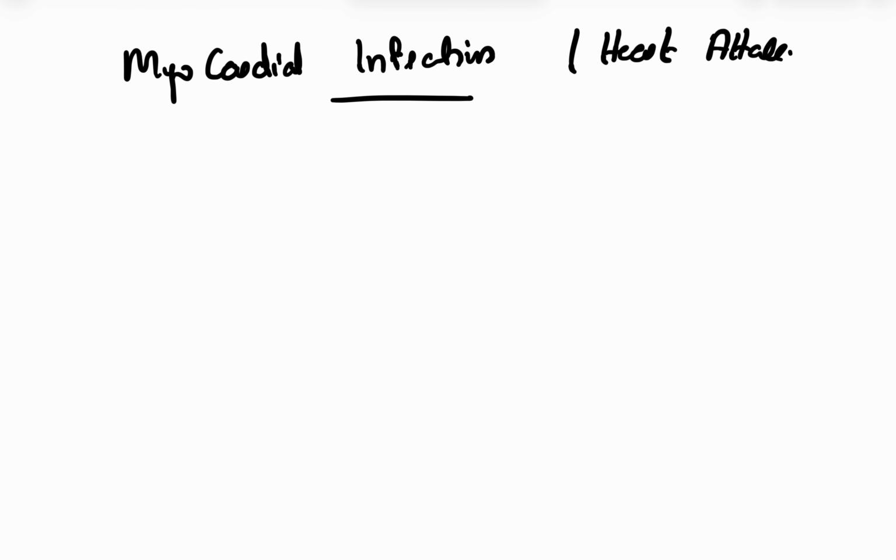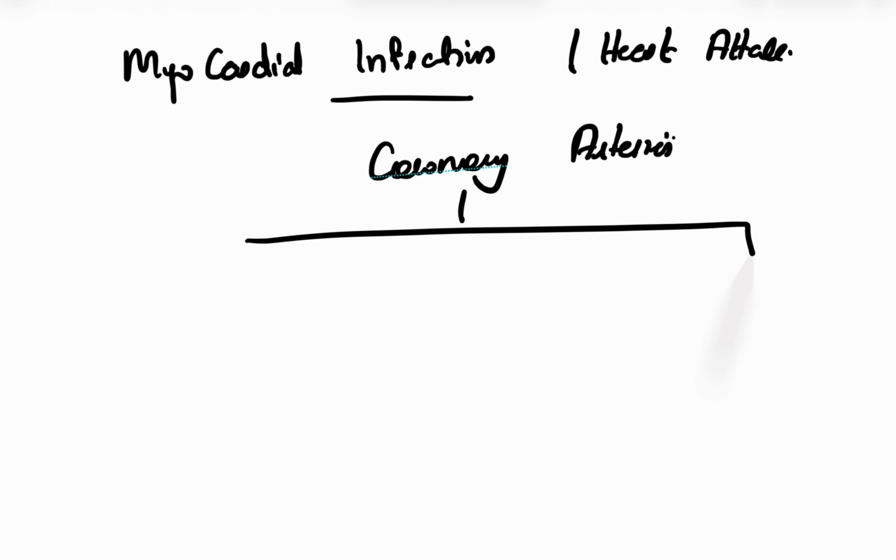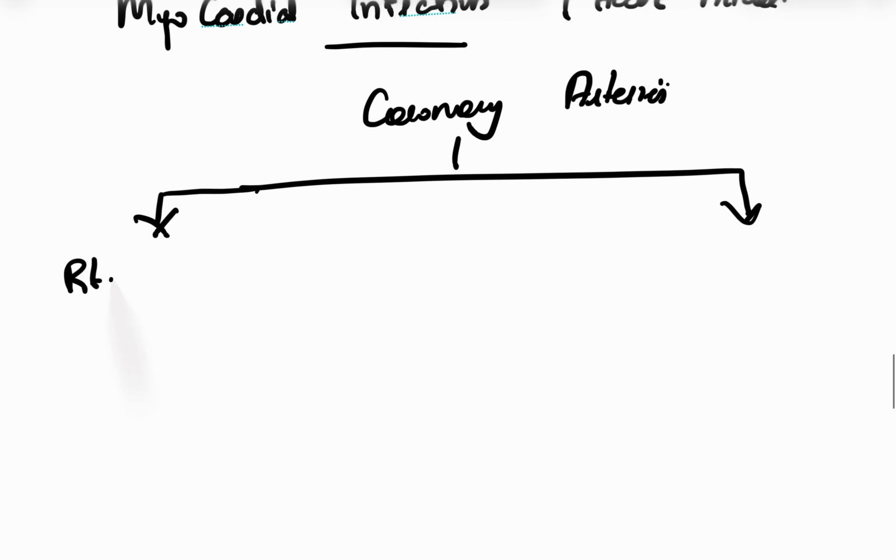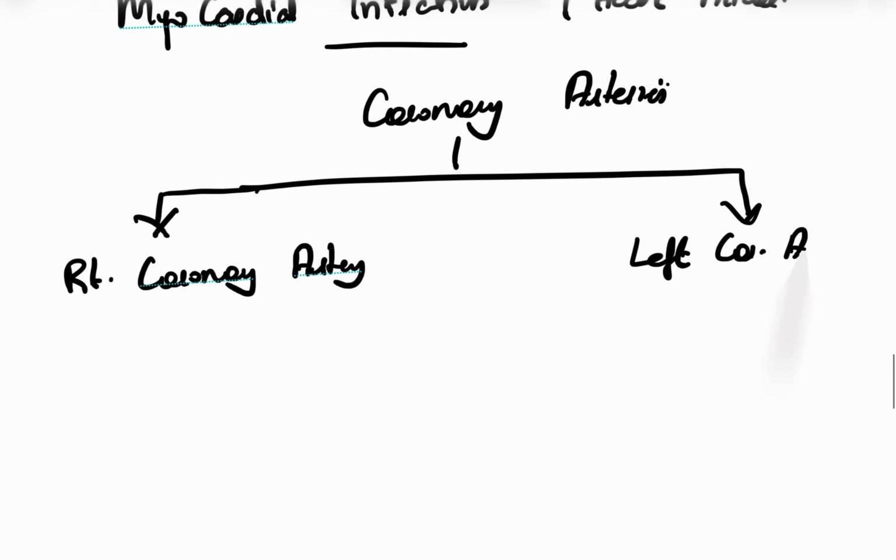And we all know, when we talk about the coronary arteries which supply blood to the heart, we have two types of coronary artery. We have discussed it in detail in a previous session, so I'm just going to brief it now. First one is the right coronary artery and the other is the left coronary artery.